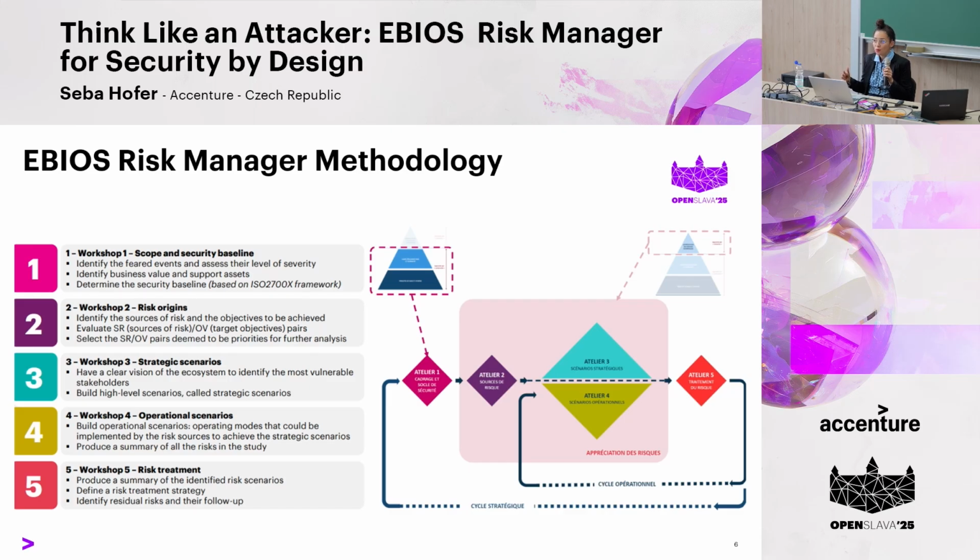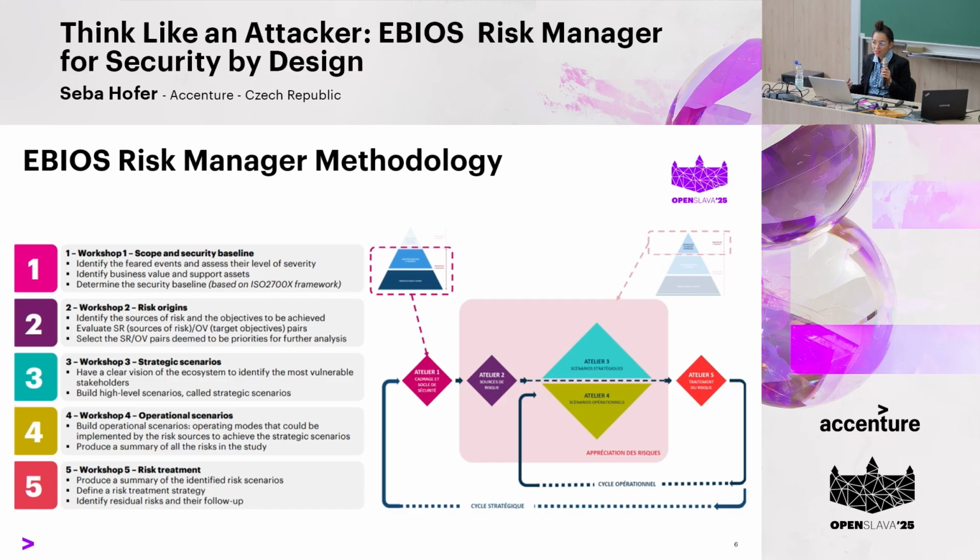We will understand the scope of the project and identify what is the most important to protect, and the feared events. Then in the second workshop, we discuss the risk origins and the target objectives: what kind of attackers will be interested in attacking the system and what would be their goal.